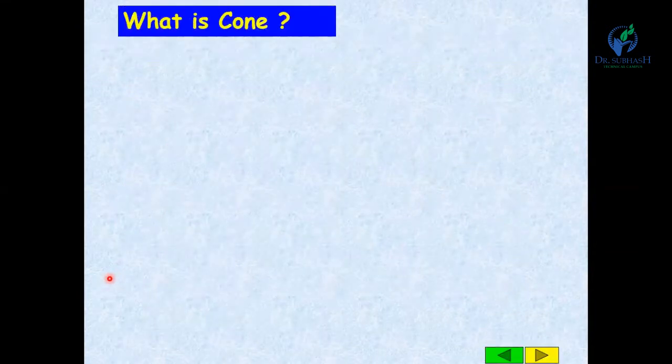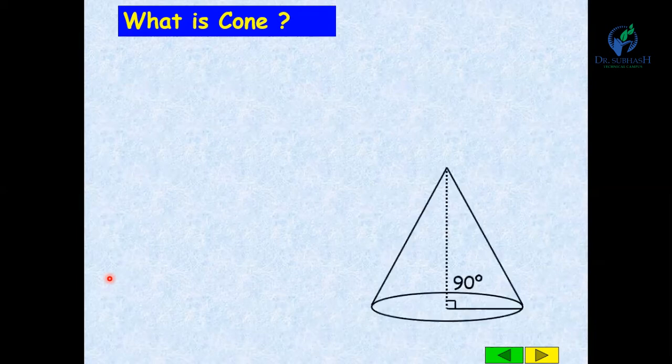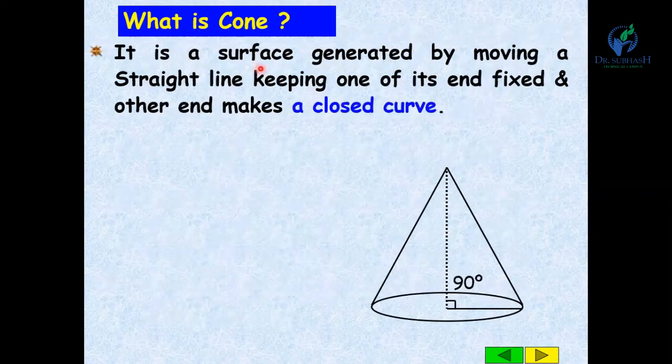Now, what is a cone? What do you mean by cone? A cone is a surface generated by moving a straight line, keeping one of its ends fixed and the other end makes a closed curve. For example, you can say this is a curve.